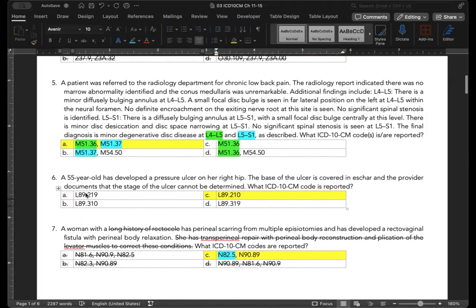If you have some that are close, go look at the ones that are close, because chances are it's going to be one of those two. I'm not saying every single time, but chances are it's going to be one of those two because they are so close in nature. They're seeing if you're paying attention to the details that differentiate each of those codes apart. So try to do that process of elimination.